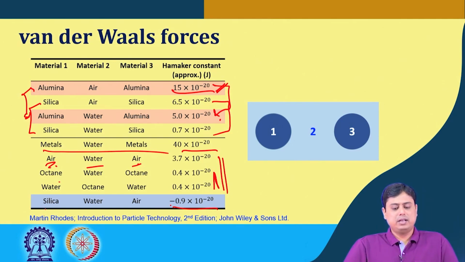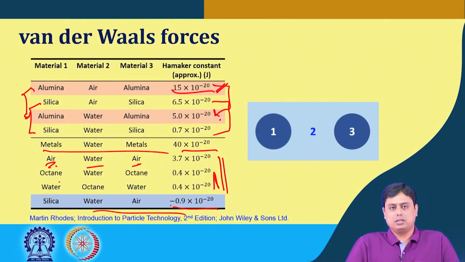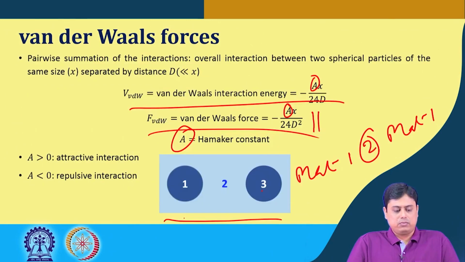The scenario is something like this: the silica particle, attached say to an air bubble and being separated from water. In that case, the separation becomes difficult. So, then we have the negative Hamaker constant, and as we mentioned here, that means there is a repulsive interaction.